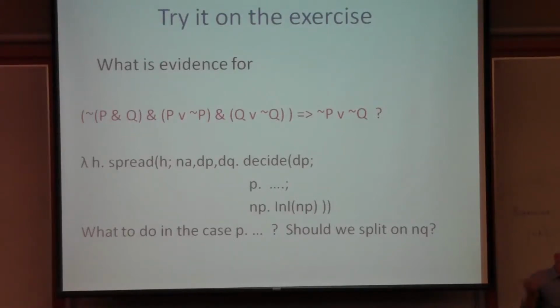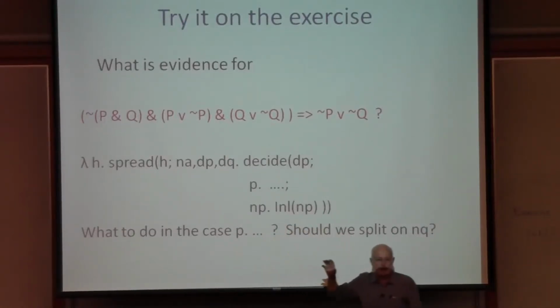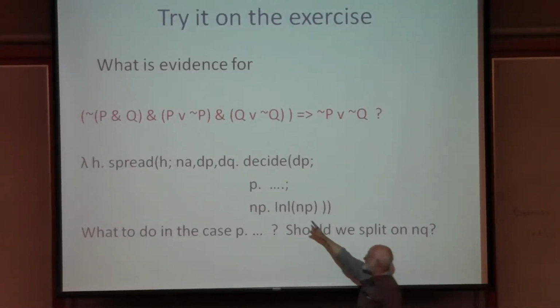The obvious thing is to now go in and decide Q, break Q up into Q or not Q. When I've got the not Q, boom, I'm done. I put the not Q over there. When I've got Q, you say, oh, this is great. Now I've got P and Q, and I can use the not P and not Q and get false, and from false I can get anything. So that's one way you could have done this second bit.